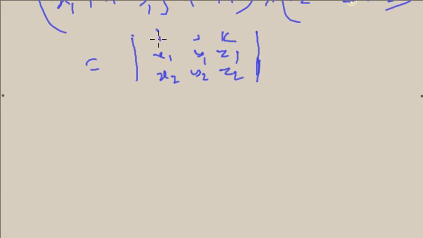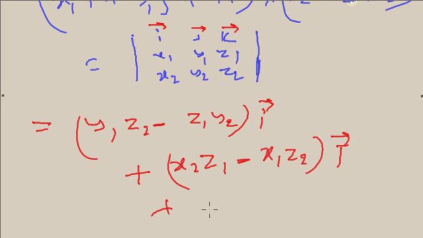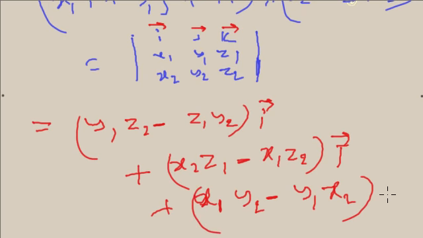You can write this determinant in this form: i is a vector, j is a vector and k is a vector. The factor of vector i is y1 z2 minus z1 y2, i, plus for vector j, x2 z1 minus x1 z2, j, and third one is for vector k, x1 y2 minus y1 x2, k. So this is the cross product of two vectors.